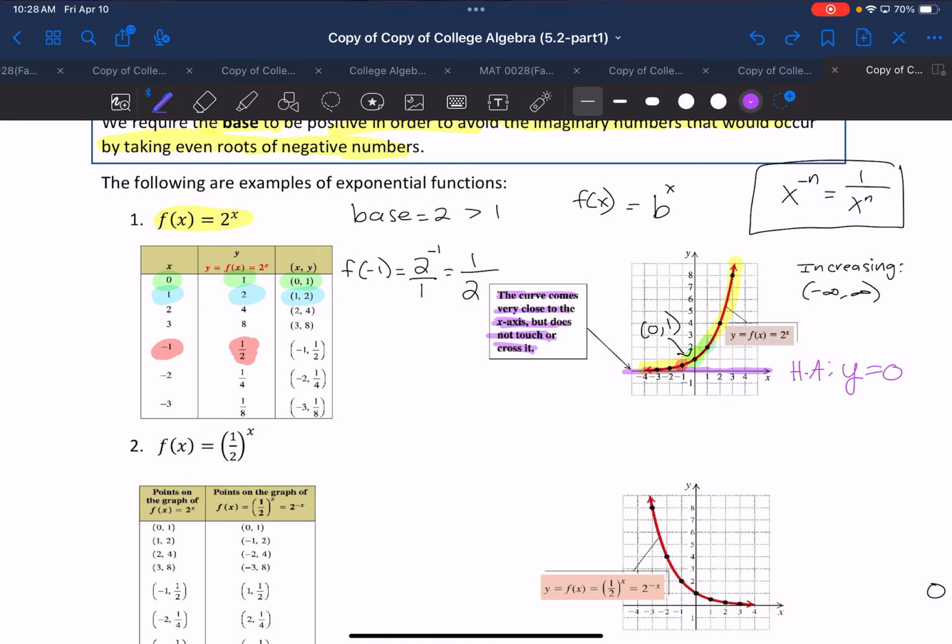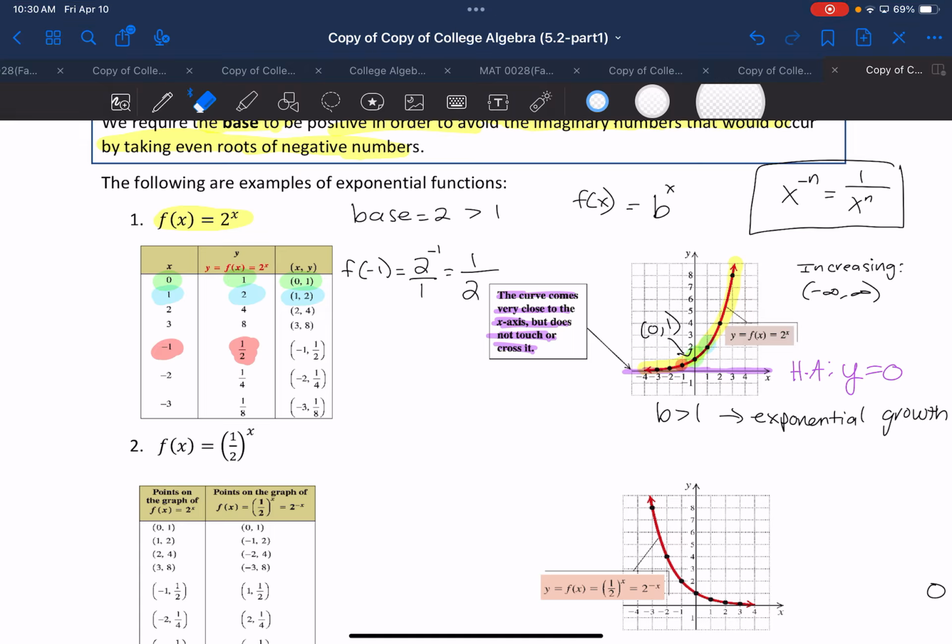But these are important because they model real life things in nature, especially. They also model things not in nature, like accounting or finances, like interest rates, the amount that something grows in interest. But for nature, these can model the decay of a substance over time. That's how we determine how old things are, by how long it took it to decay to the amount that it is now.